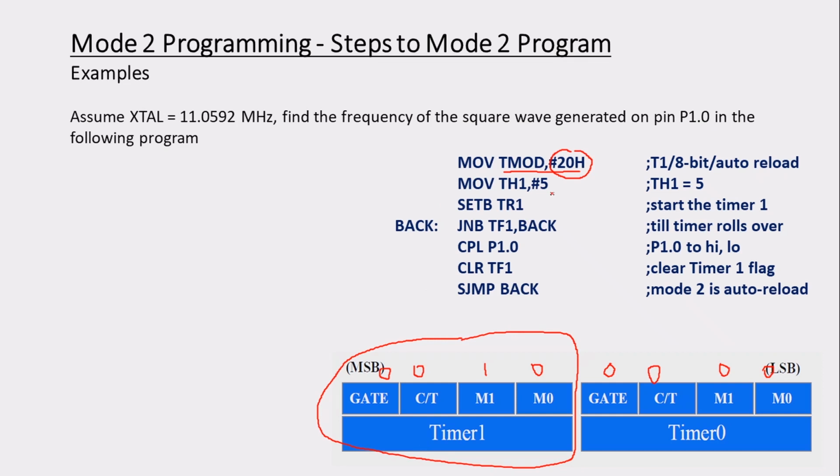Now since timer 1 is being used, they have used the TH1, that means the higher byte of my timer 1. They have loaded the initial value to be 5. Now since my register is an 8-bit number, it is going to be 2 raised to 8, so it is going to vary from 0 to 255.